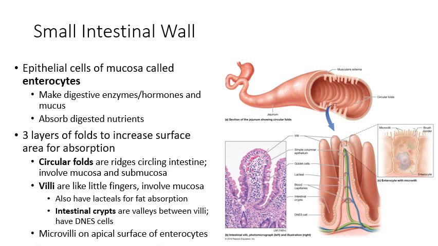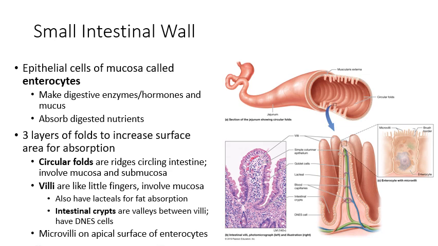Then within those you have villi, which are like little fingers of tissue poking up from these circular folds. That involves just the mucosa. The villi are going to have in each little finger an artery going down, an arteriole, and a venule coming back, and also a lacteal, a specialized lymphatic vessel where fats would be absorbed.